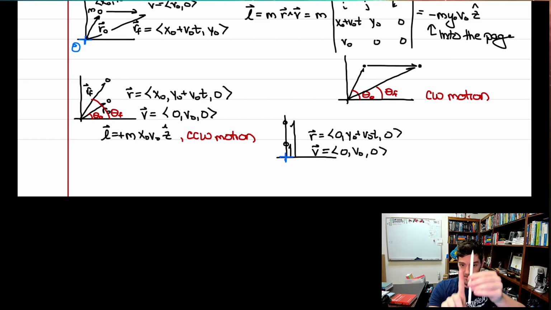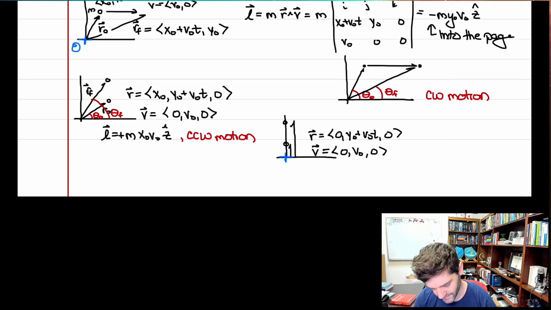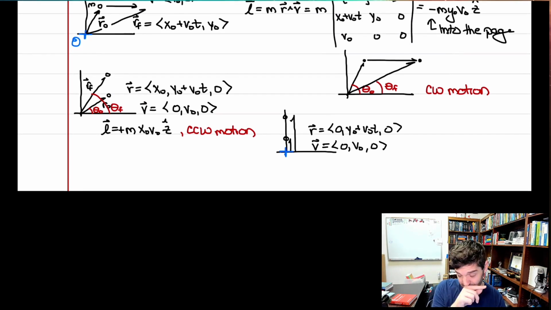So that means they are either parallel or anti-parallel, depending on the signs of all those variables. I know the cross product vanishes when they're parallel or anti-parallel, so I expect the angular momentum to be 0 in that case. Again, same motion, but the angular momentum depends on where you've placed your origin.